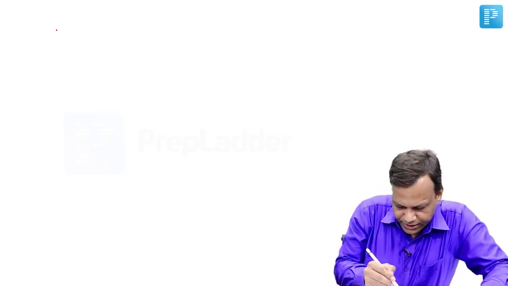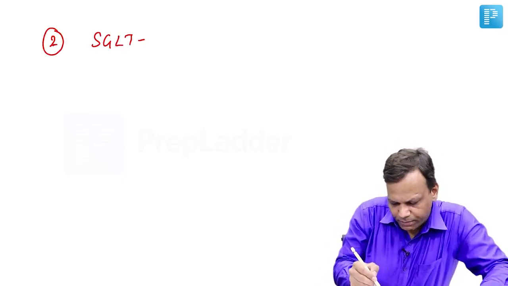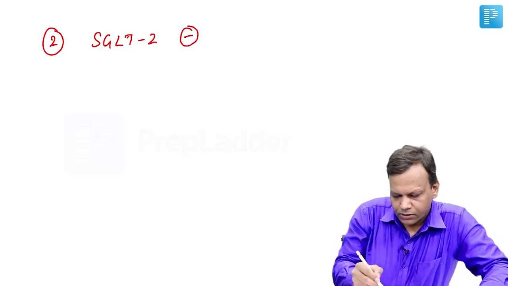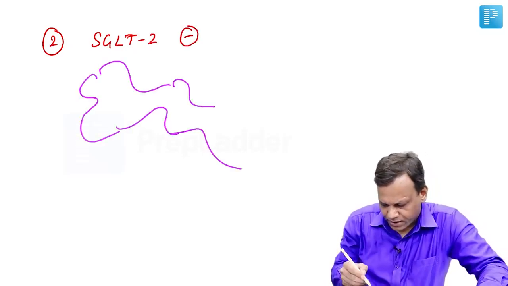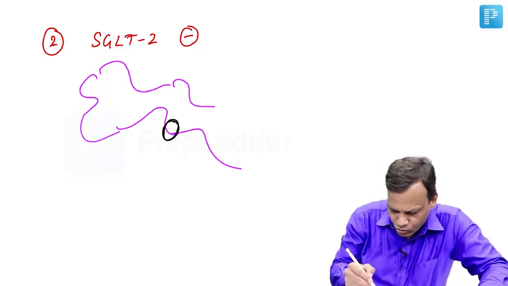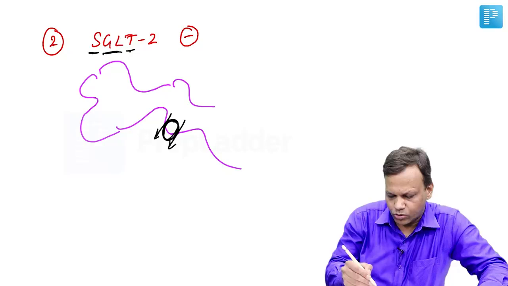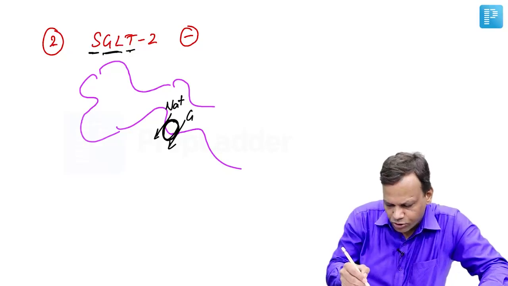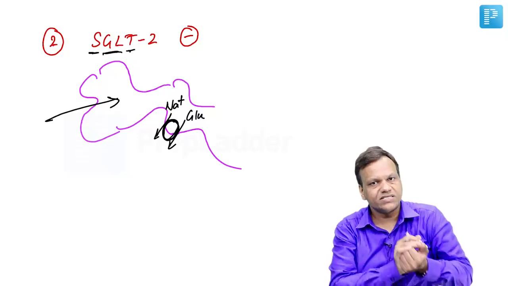The second new strategy in diabetes is SGLT2 inhibitors. In the proximal tubules of the kidney, there is a pump known as sodium glucose transporter 2, which helps in reabsorption of sodium and glucose. When glucose is filtered, almost 100% is reabsorbed.